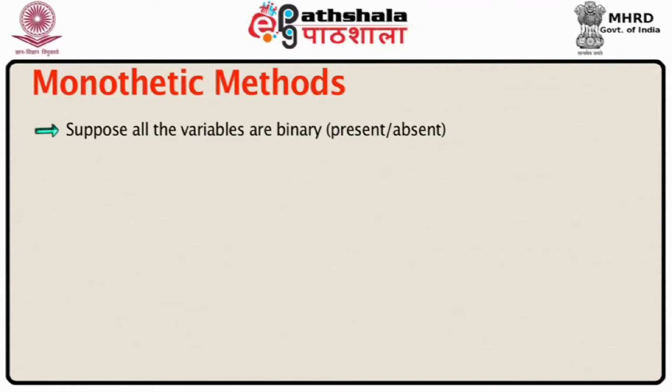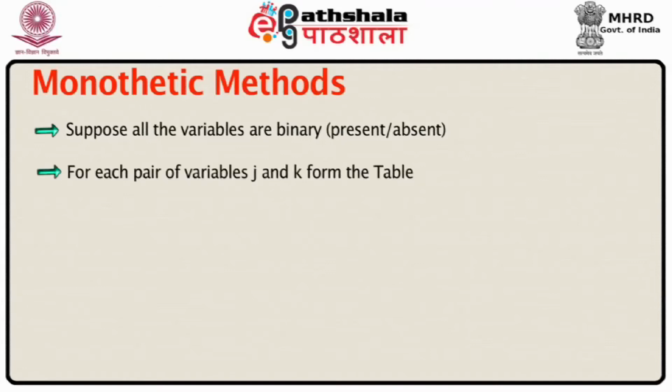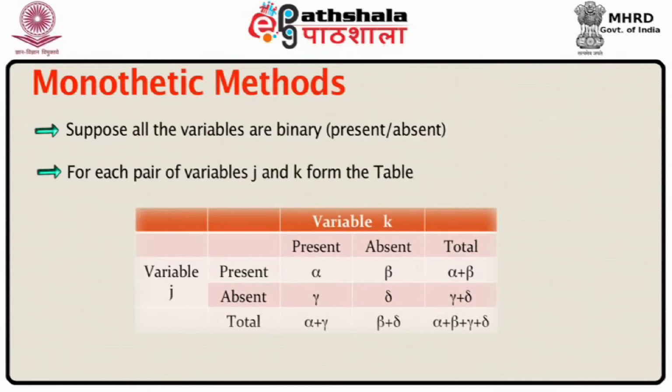Suppose all the variables are binary, that is of the present or absent type. What we do is, for each pair of variables j and k, we form the following table. It looks similar to what we have done before, but this table is in terms of variables and not in terms of individuals r and s.